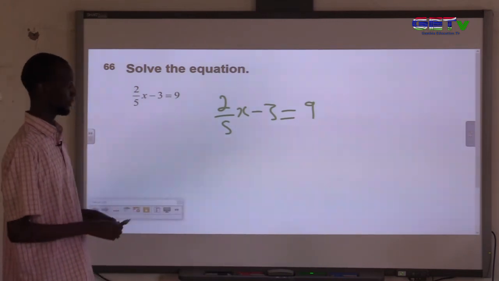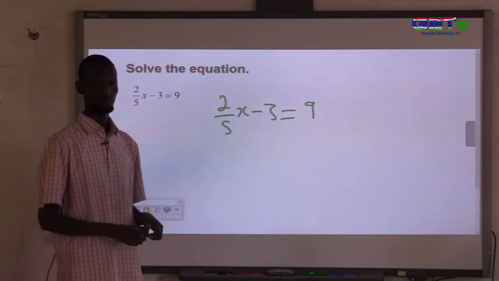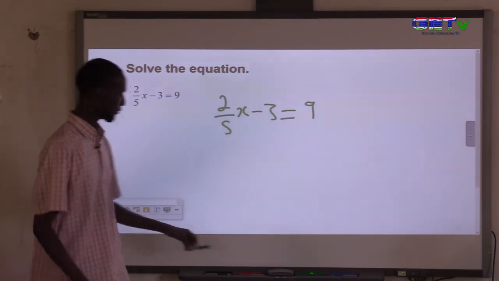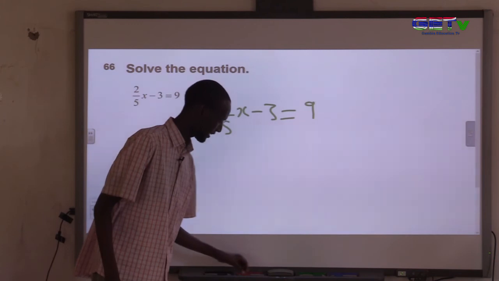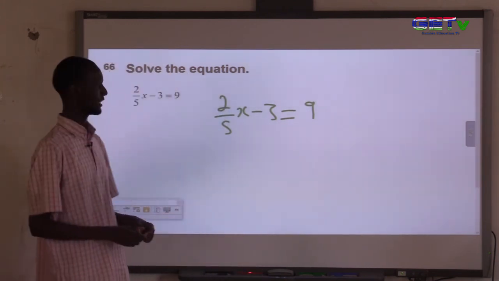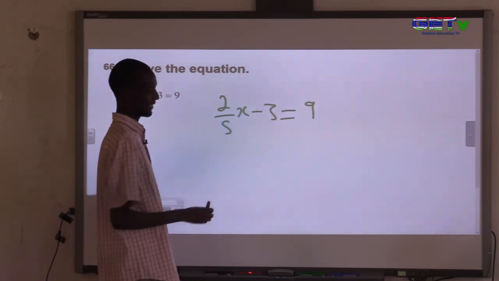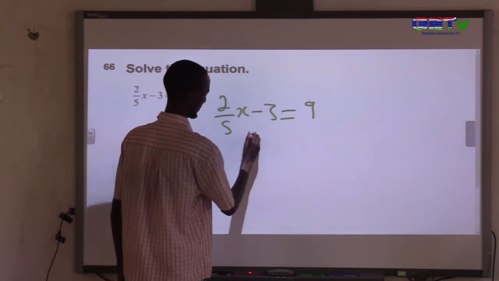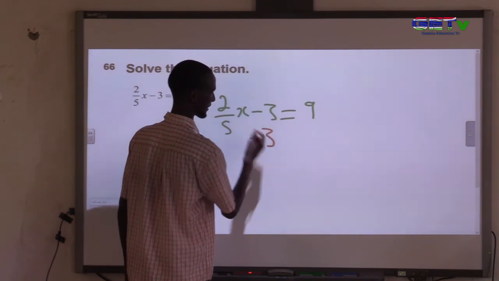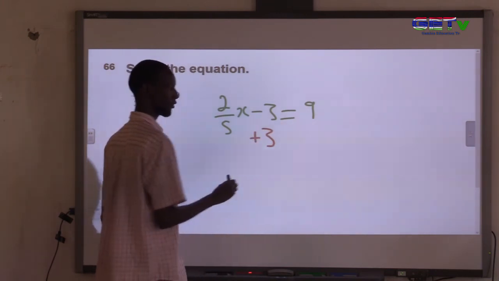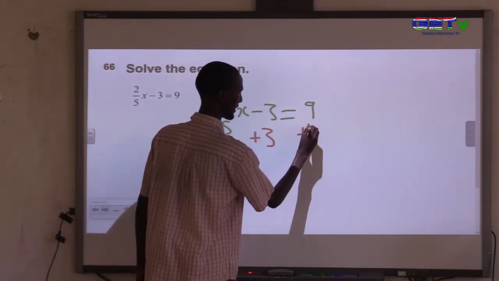That's the division. Minus 3 is a subtraction. And by now we know you undo a subtraction before a division. So therefore we need to undo the minus 3. So we add 3 to the left-hand side. We also add 3 to the right-hand side.